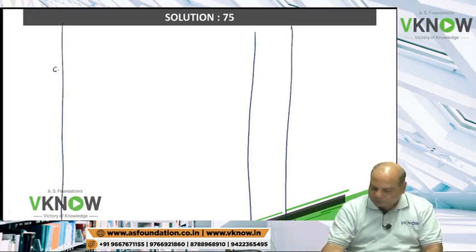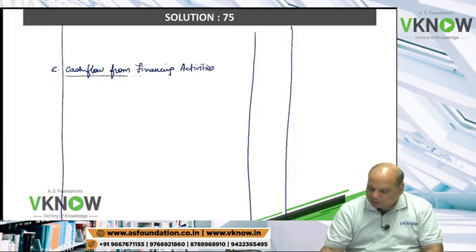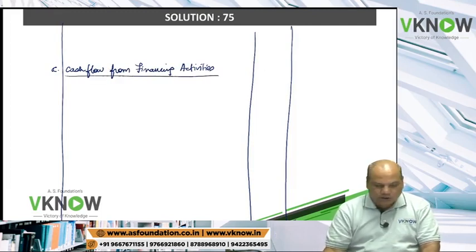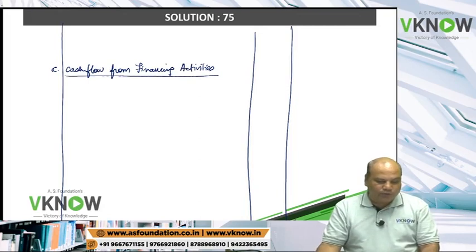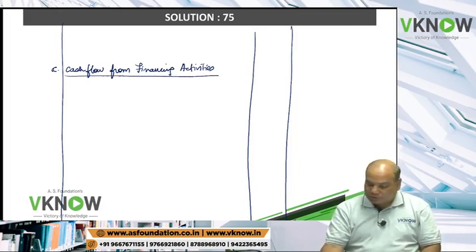Point number C, cash flow from financing activities. Write in full. In the exam, if you write FAIA, the Institute will deduct marks. I have informed you in advance. Later on, you will be responsible.